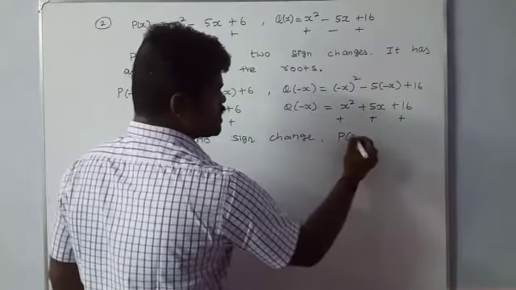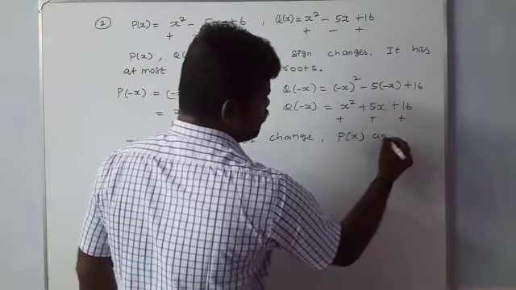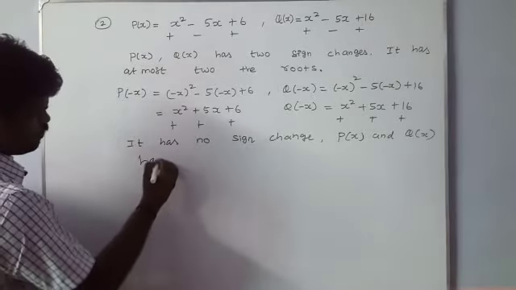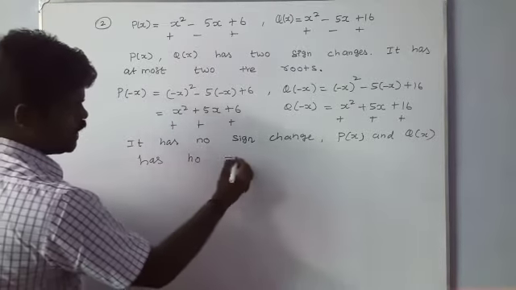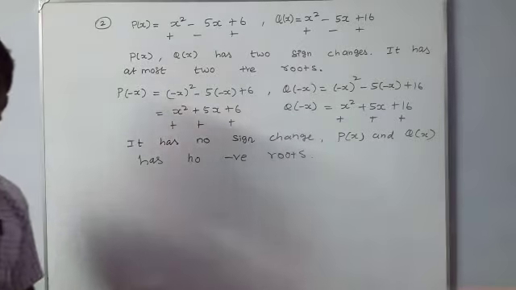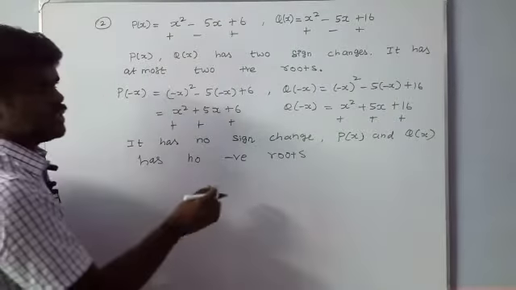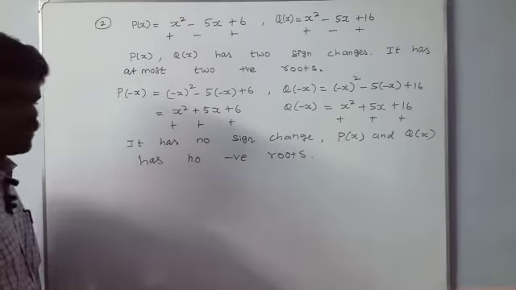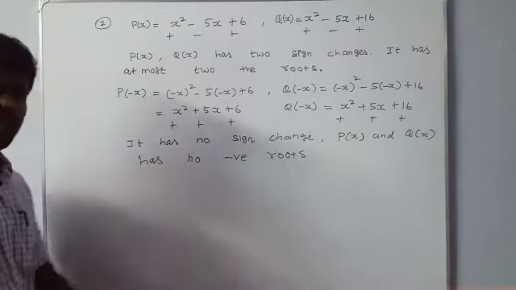So p of x and q of x have no negative roots. What are the possibilities? At most two positive roots, no negative roots.